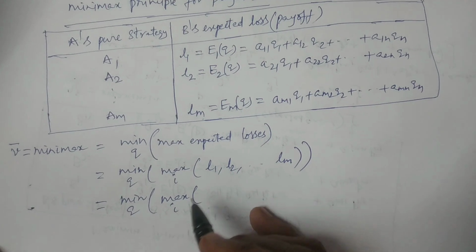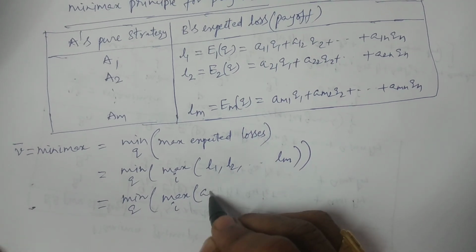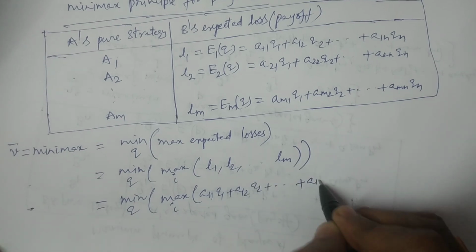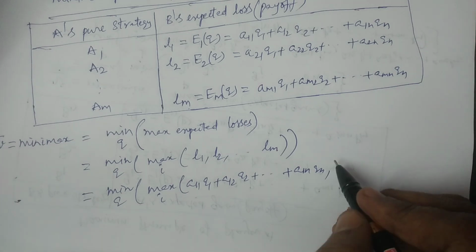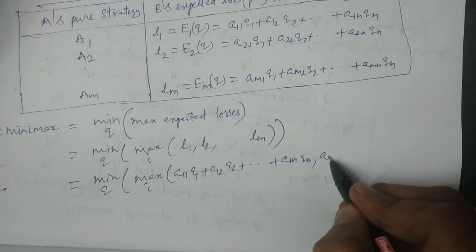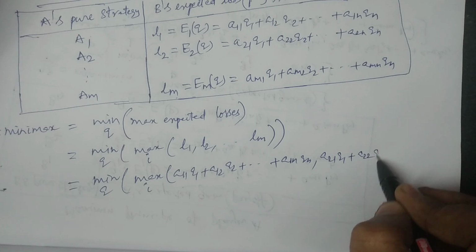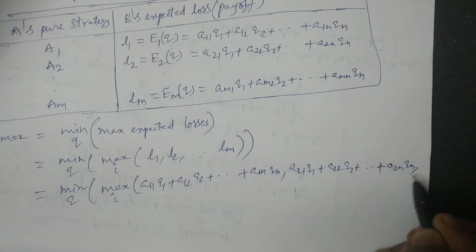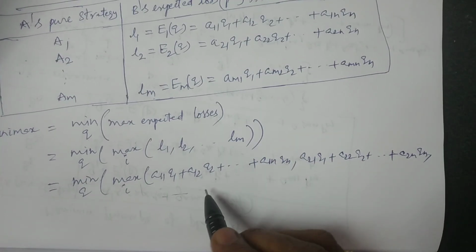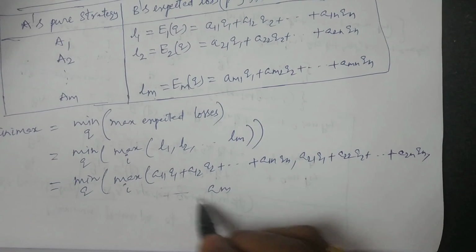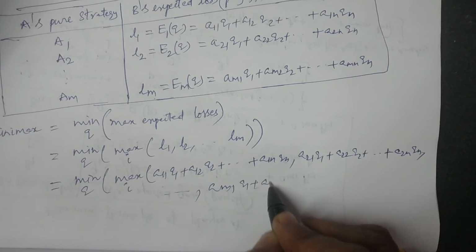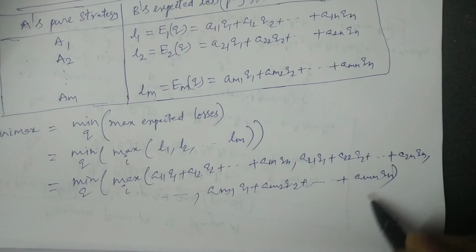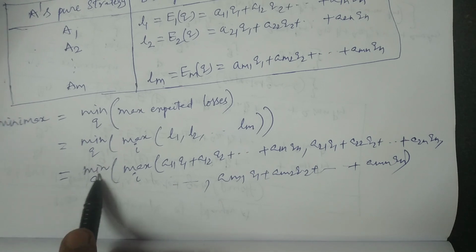So we are considering the maximum over i. I am writing A11 Q1 plus A12 Q2 plus and so on plus A1n Qn, and similarly A21 Q1 plus A22 Q2 plus and so on plus A2n Qn, and so on, which means L1, L2, up to Lm, and finally Am1 Q1 plus Am2 Q2 plus and so on plus Amn Qn.